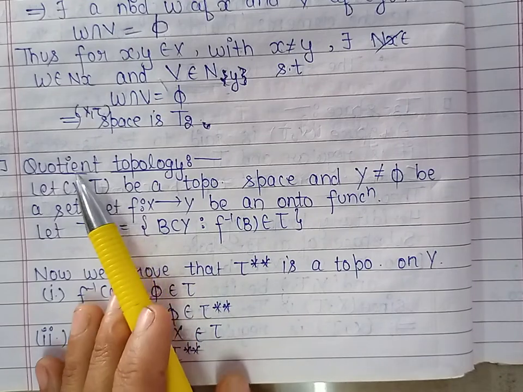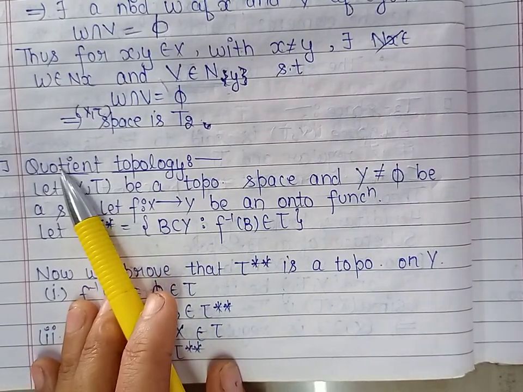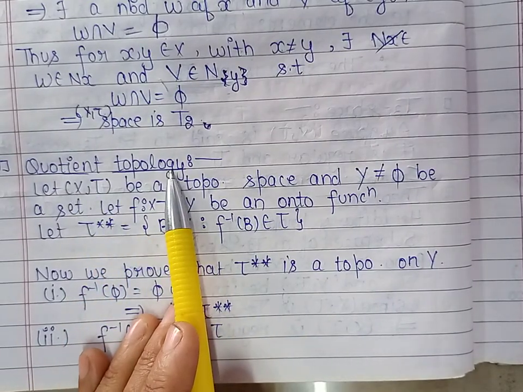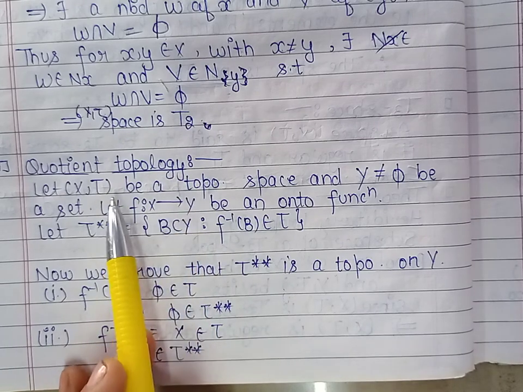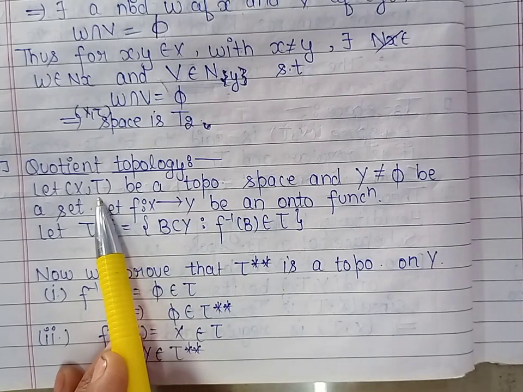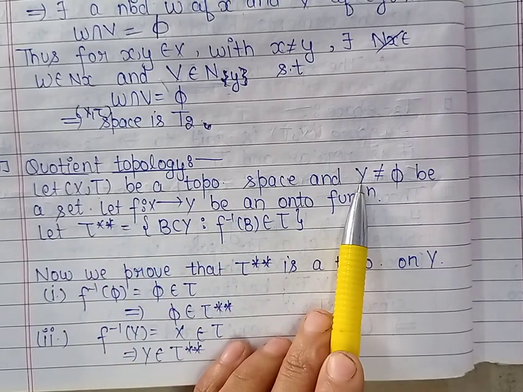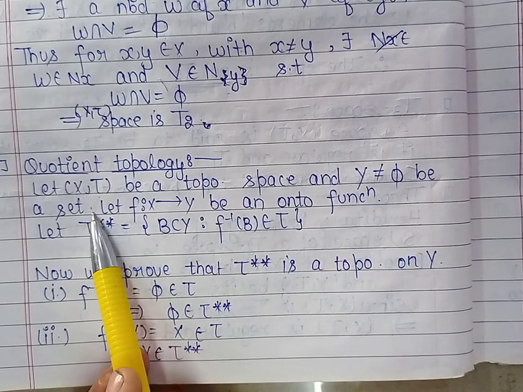Our next topic is quotient topology. In order to define quotient topology, let us take a topological space (X, tau) and Y a non-empty set.